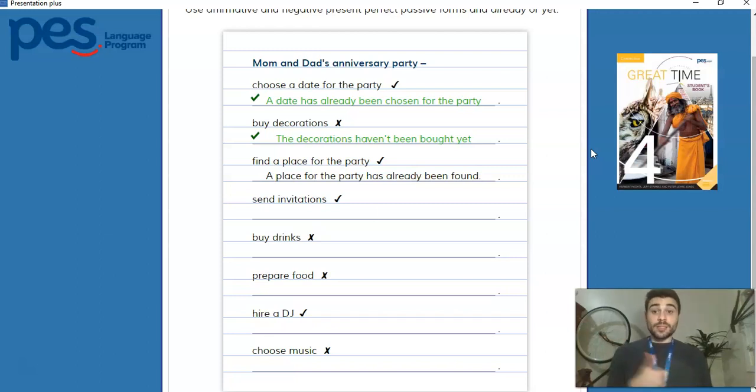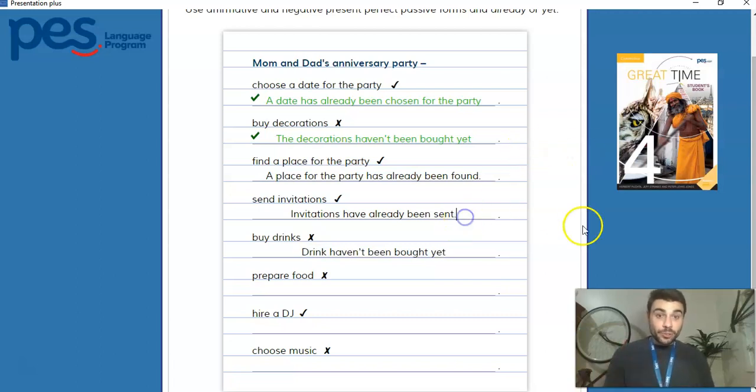They were already done. So, invitations have already been sent. Interesting. Buy drinks, negative. It hasn't been done yet. So, drinks haven't been bought yet. Is it correct?